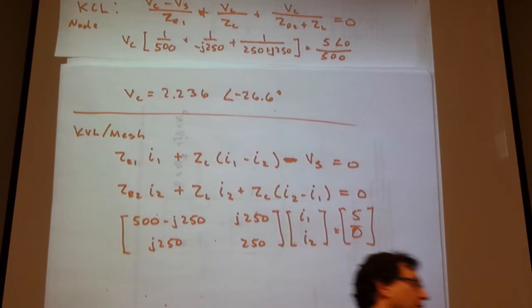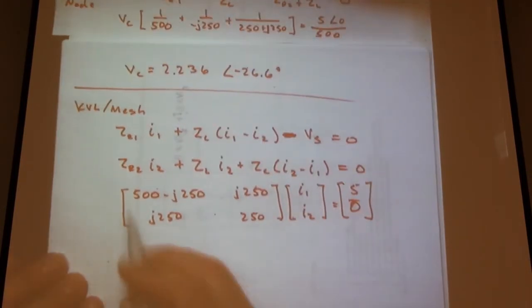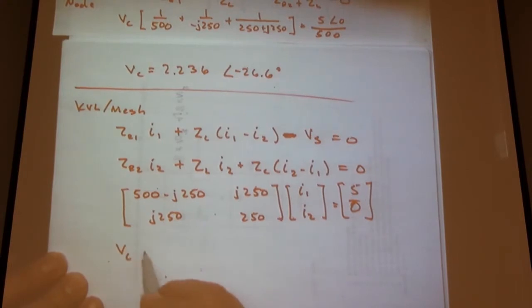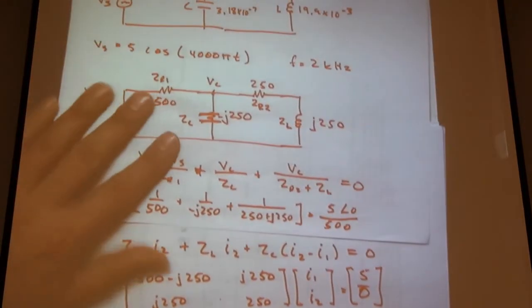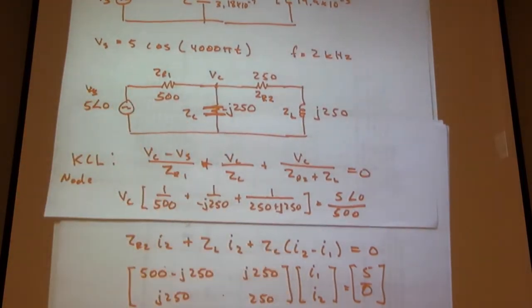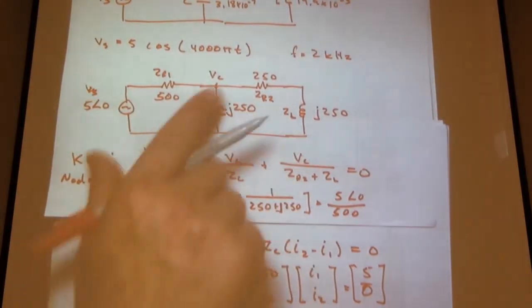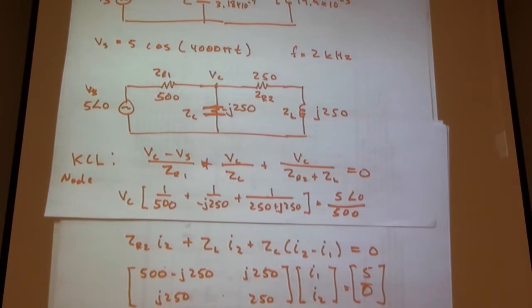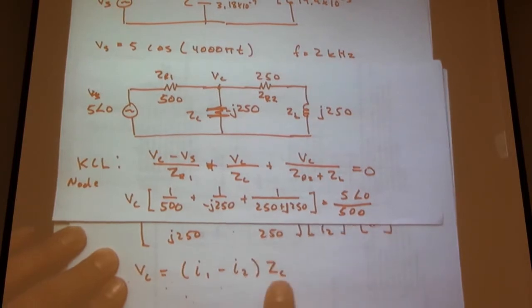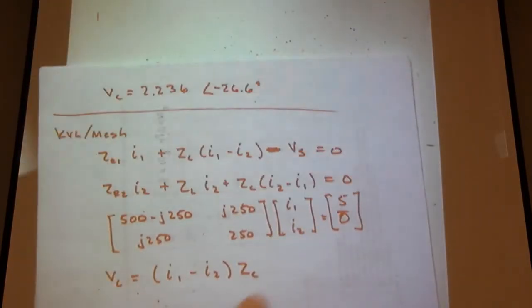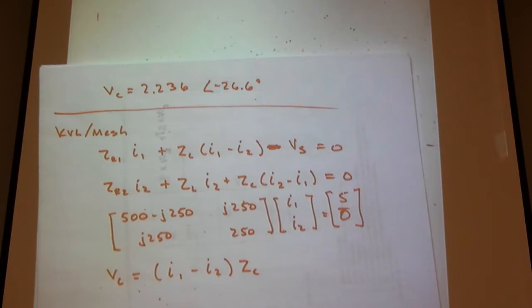Just set it up. And in this case now, what's VC? Solve that for I1 and I2. VC winds up being what? Well, same thing applies. I1 minus I2 times ZC. That's known. You get those guys from the matrix up above. That was minus J250. And that's it.